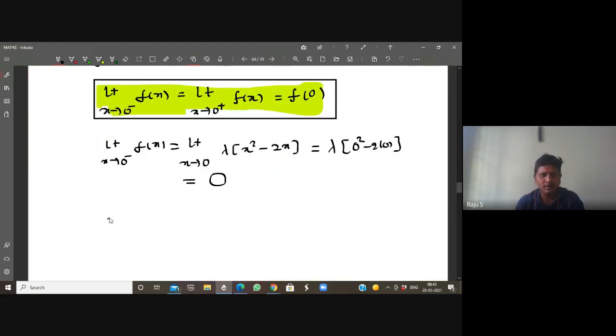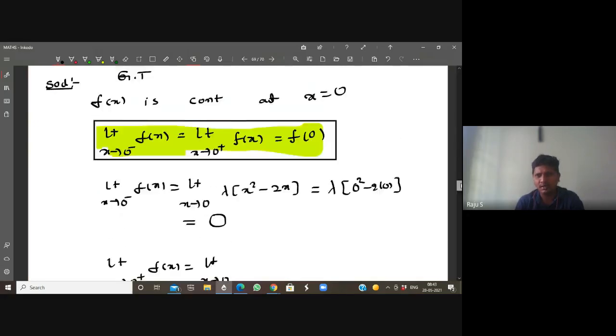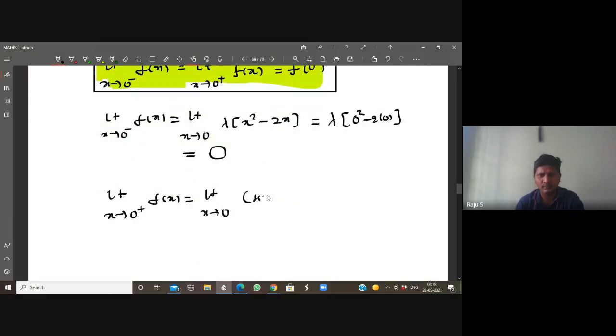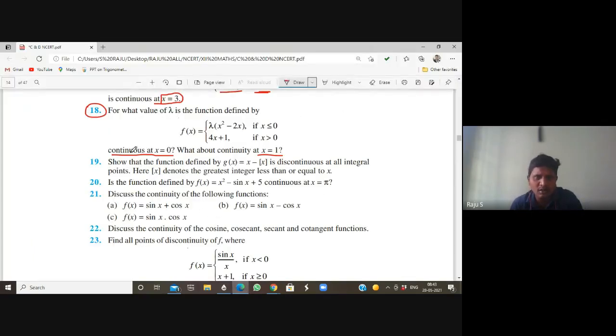So the left hand continuity we got as 0. Then we have to find the right hand. Limit x tends to 0 plus f of x is equal to, 0 plus means greater than condition, 4x plus 1. Okay, what is the question here?